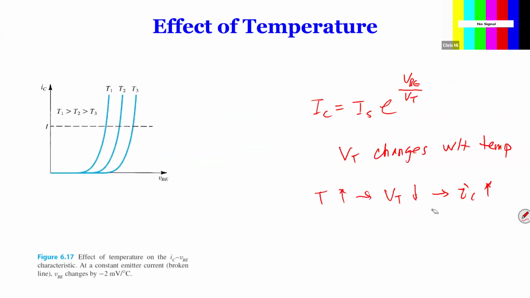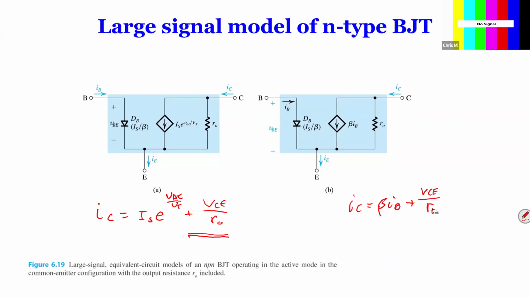So what it says is that IC equals IS e to the power VBE over VT, and then it's 1 plus VCE over VA. I just want to see how that's connected to the one that you wrote.